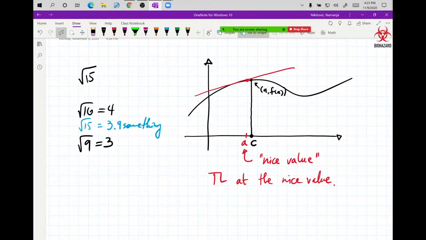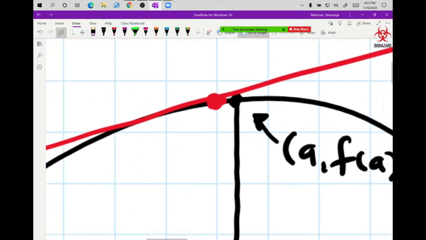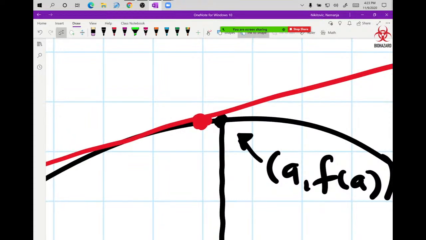And now, when I have the equation of the tangent line, as you can see over here, because I really have to zoom in the most I can, I hope you see that the y value of the tangent line and the y value where the black point is for the original function is pretty much the same value.